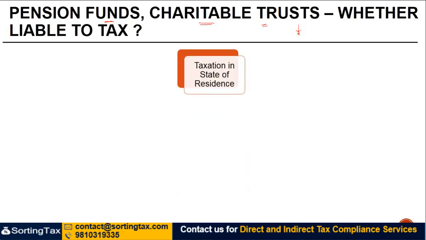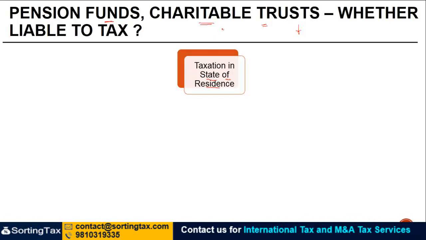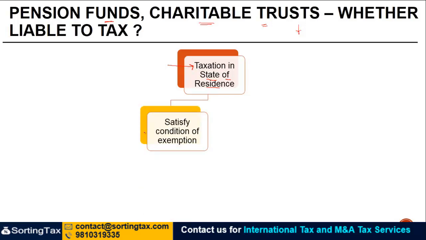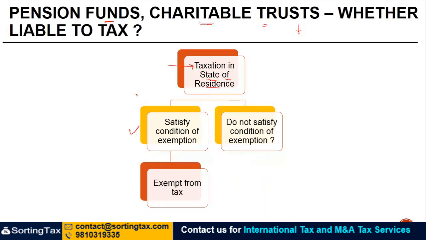Similarly, you need to see, in the state of residence of these foreign charitable trusts or pension funds, how the taxation works for them. If they satisfy the conditions of exemption, they are exempt from tax, but if they do not satisfy the conditions of exemption, they are taxed at full rate.